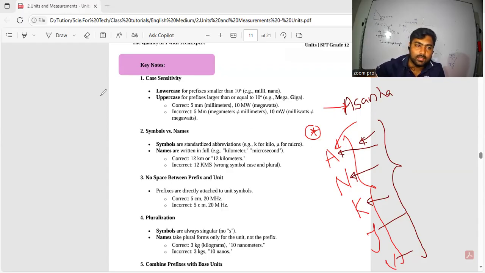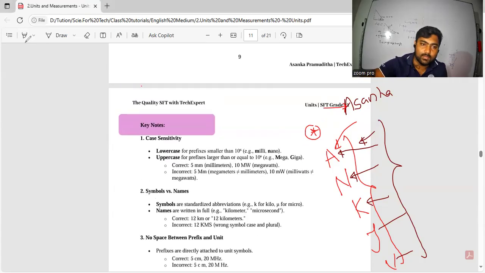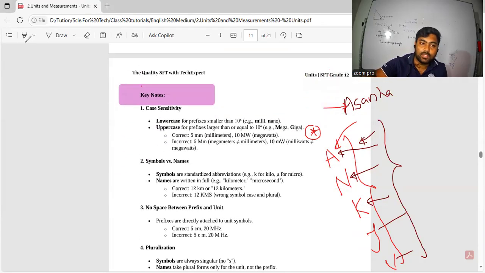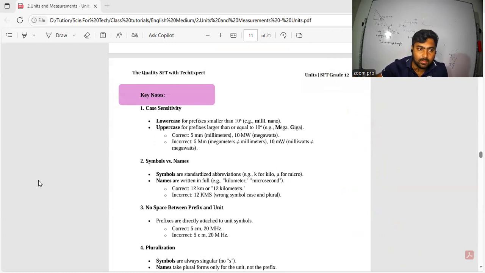Okay, then write that topic. We should write that one because it is not in the syllabus, not in the tute. Then write the topic as this: standard rules for writing units and prefixes.